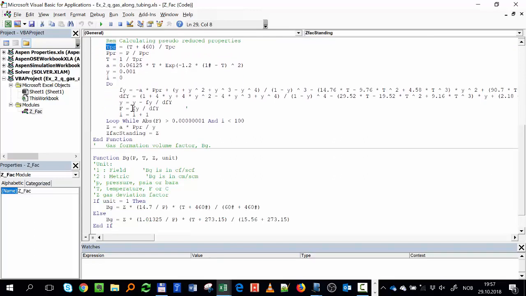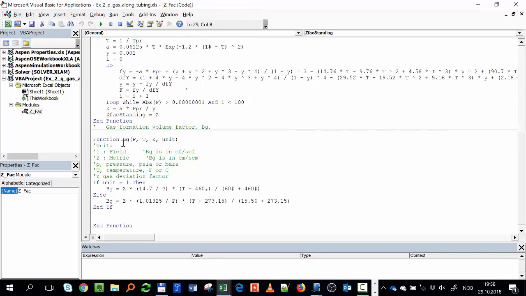And after I have that, I have a very ugly expression to calculate Z. You don't have to understand how it is done, but this is the equivalent of going to the chart. But we save all the trouble. We don't have to look for every number in the chart. We have here a utility that calculates the Z for you. Now look at the function BG.